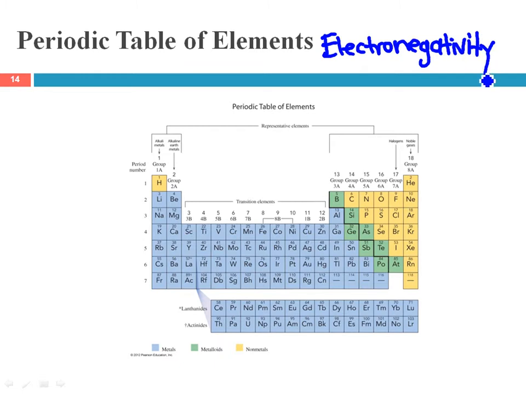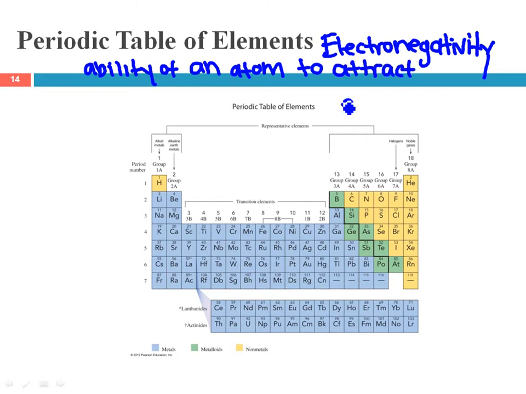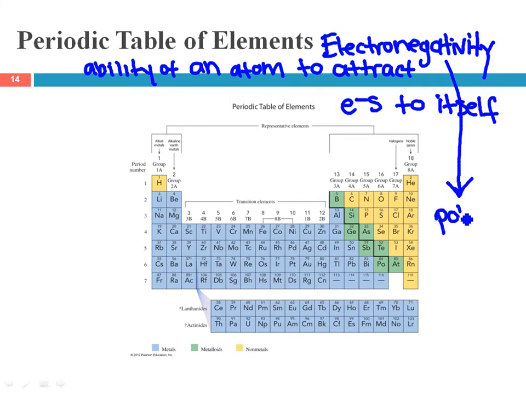Okay, and this means, or is the ability, so it's the ability of an atom to attract electrons to itself in a bond. Okay, and so this becomes really important with bonding, but I want to go ahead and discuss it because it is a trend and it's super, super important. And you'll also learn that electronegativity parallels with polarity, okay, how polar a bond is.